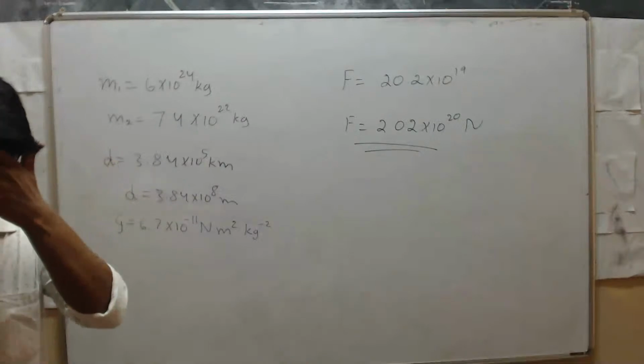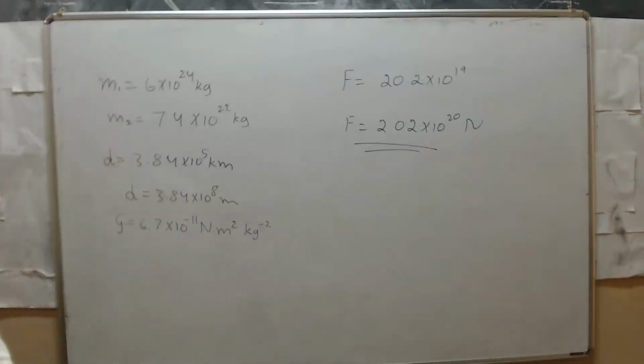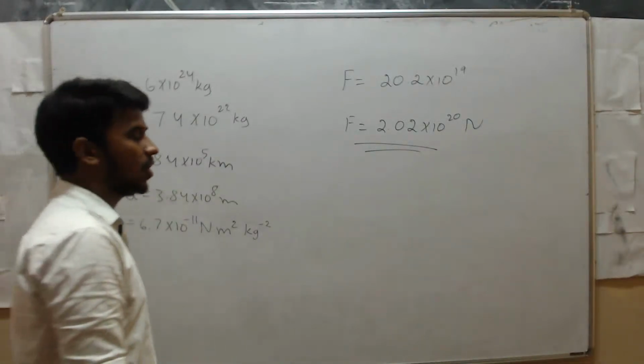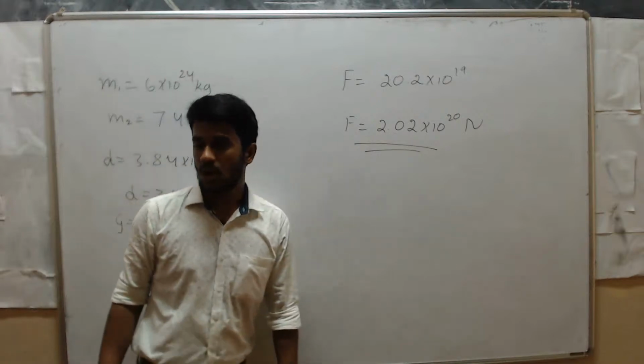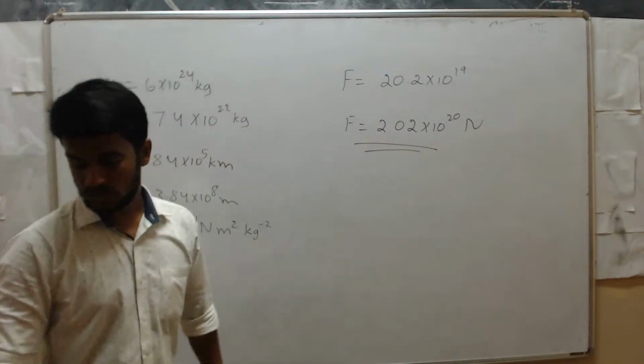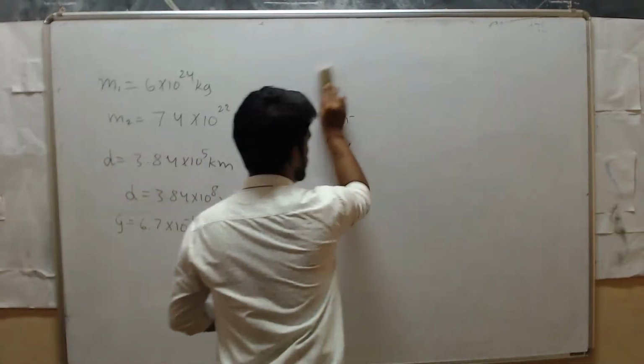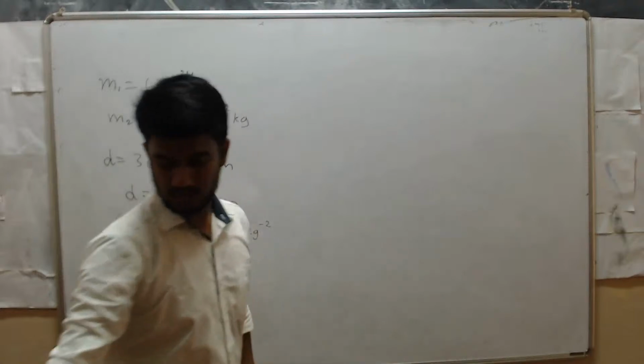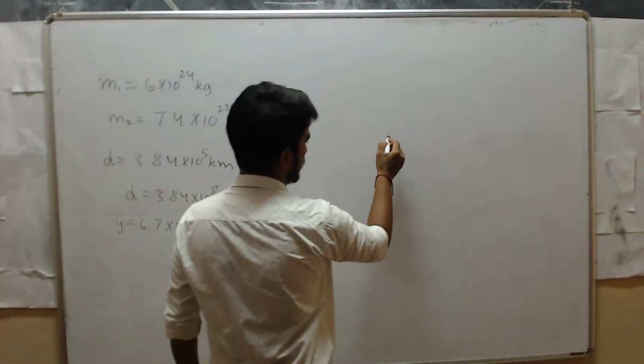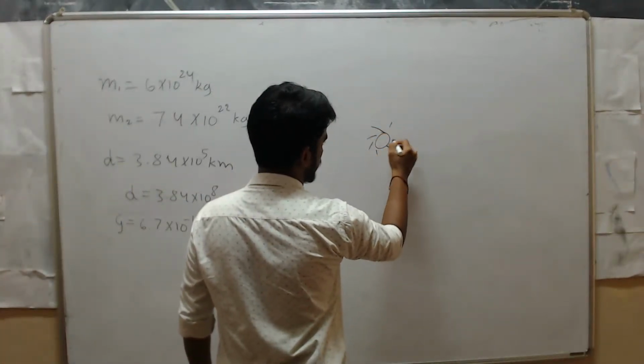So here, next, according to the universal law of gravitation, all objects attract every other object. In our solar system, here this is the Sun.